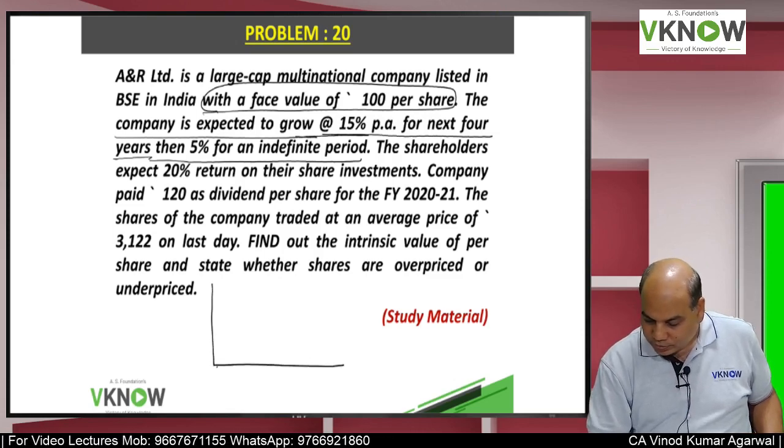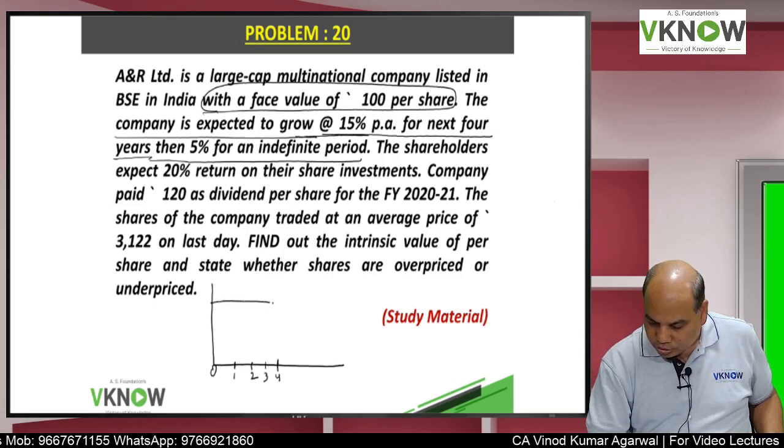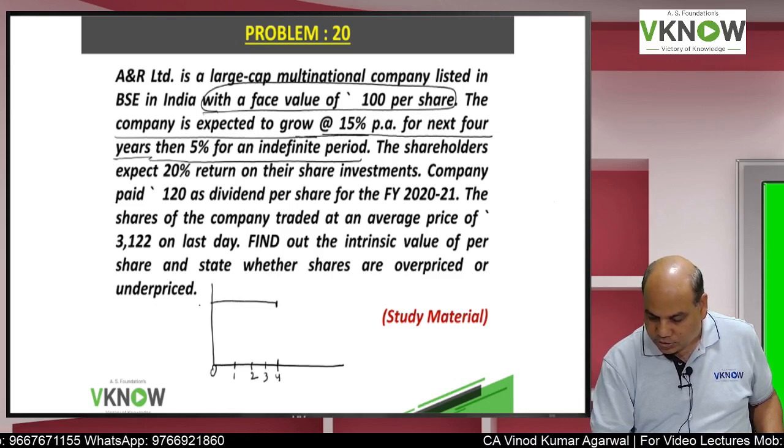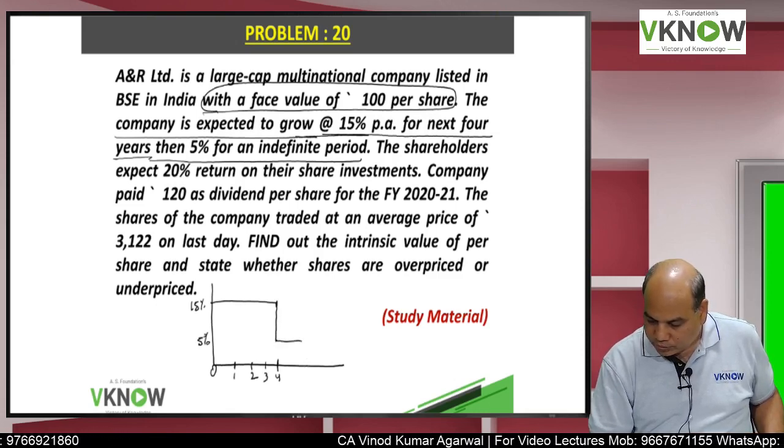For year 0, 1, 2, 3, 4, the growth rate will be 15%, and then the growth rate will fall, stabilize at 5% from 5th year onwards.